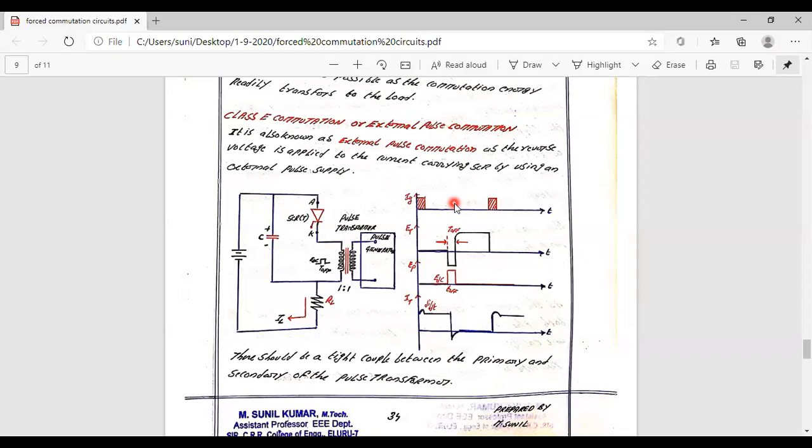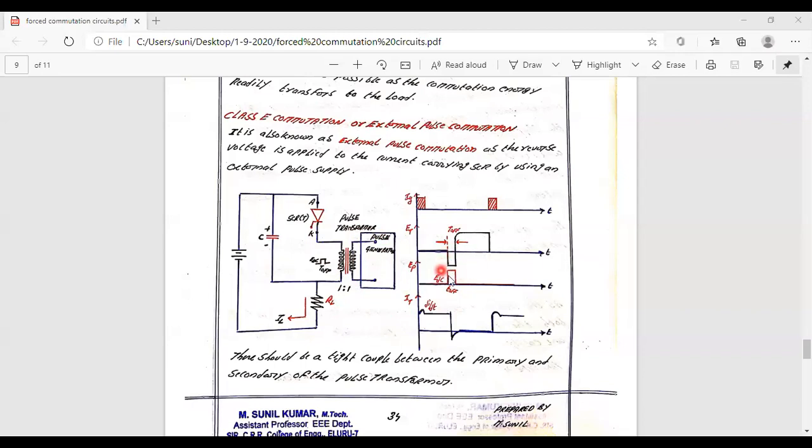So the reverse voltage is going to be applied here. A reverse voltage pulse is going to be applied between the cathode circuit and the supply. Here that happens by means of a pulse transformer. A 1:1 pulse transformer is going to be considered, and it is connected between the anode and the load circuit, and here you can observe a reverse pulse, a reverse voltage.